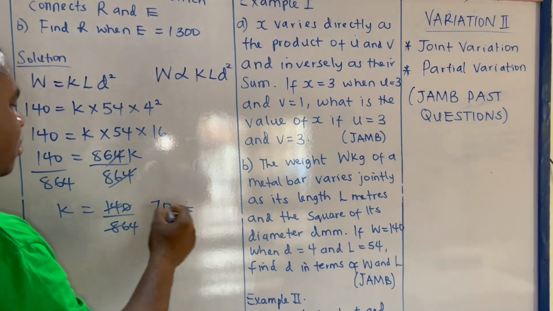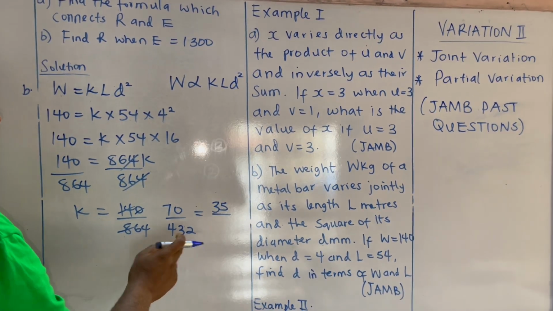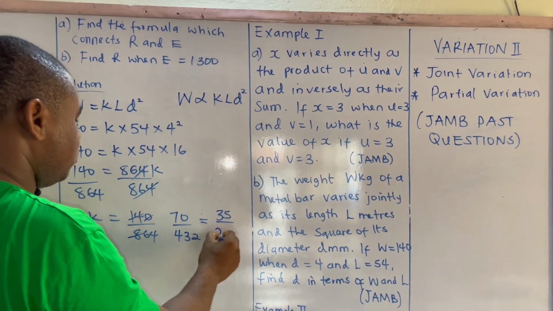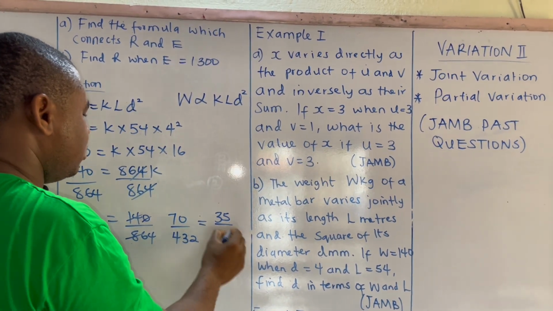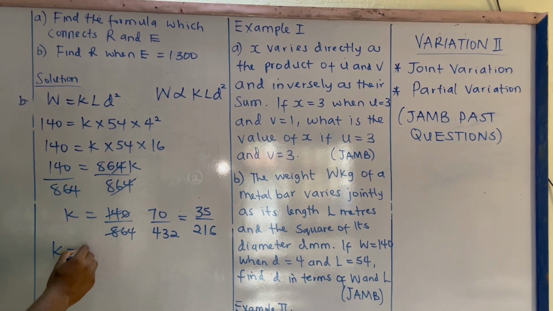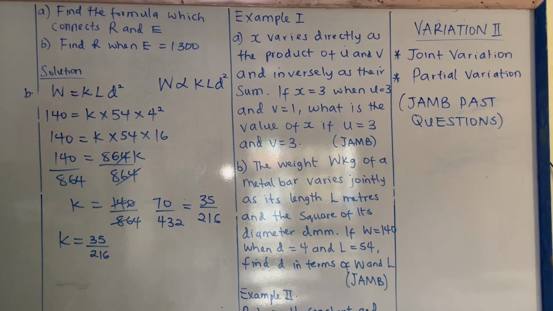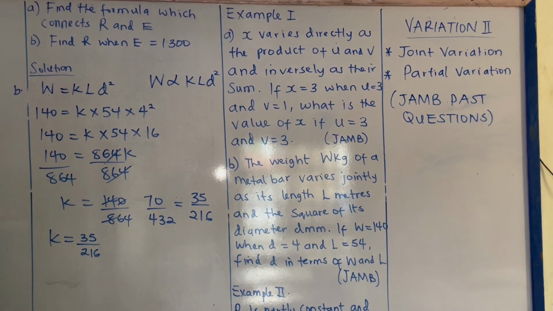If you use 2 again, 2 goes into 70, that is 35, and 2 goes into 432, that is 216. So in this case K is equal to 35 over 216. So we are going to substitute K into the original equation.